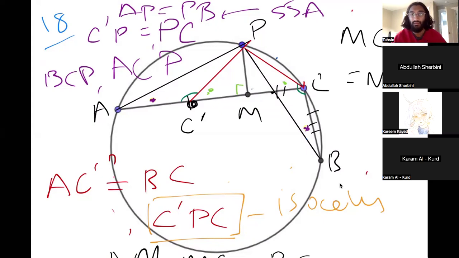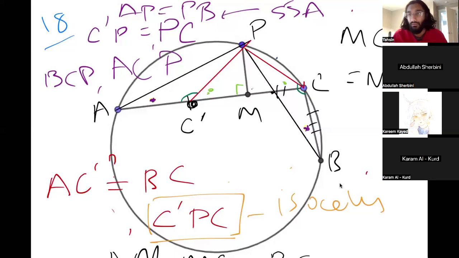For AC'P, we have, since C'PC is equilateral, PC'C is less than 90 degrees.